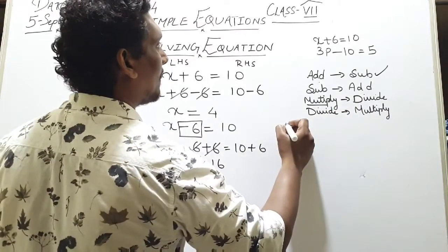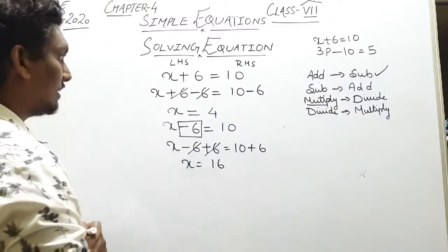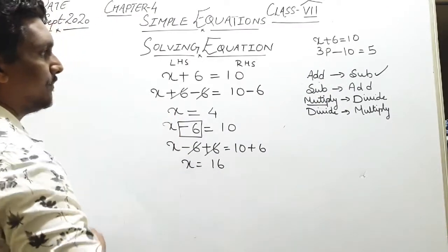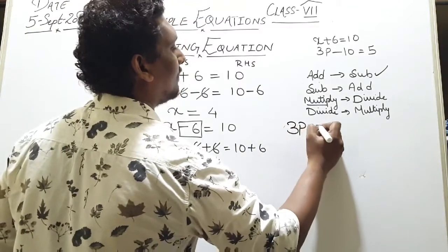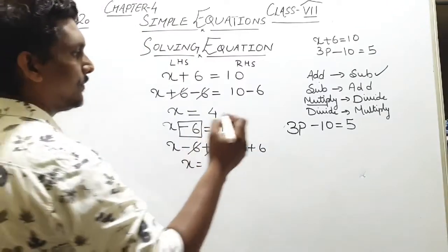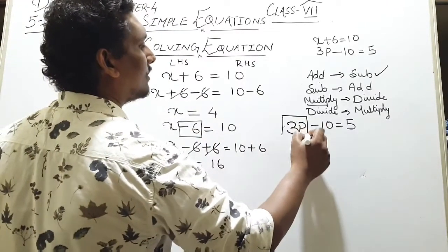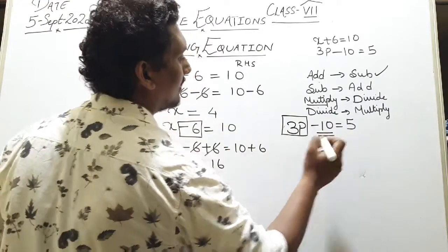I will go through this example and write it here: 3p minus 10 is equal to 5, right? Here 3p is given, and the extra is this minus 10.